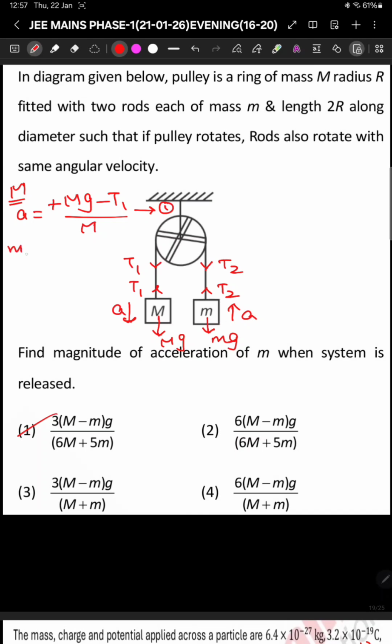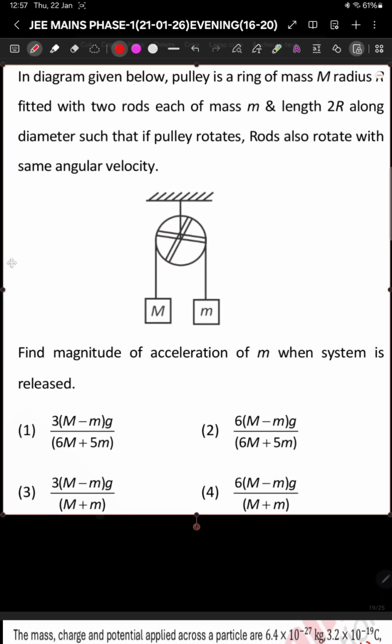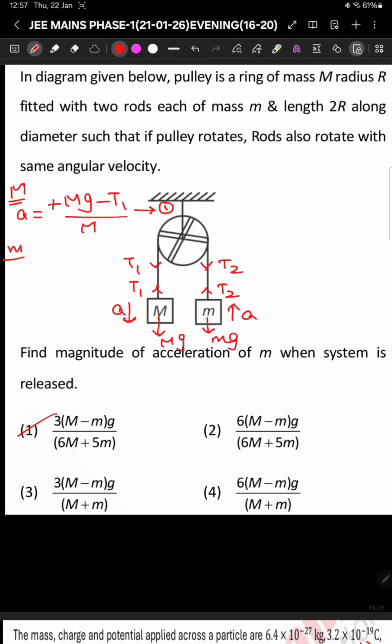Similarly, free body diagram of small m. So there also acceleration will be equal to the formula: same direction of acceleration is plus T2, opposite to acceleration minus small mg, by small m. It is equation number 2.